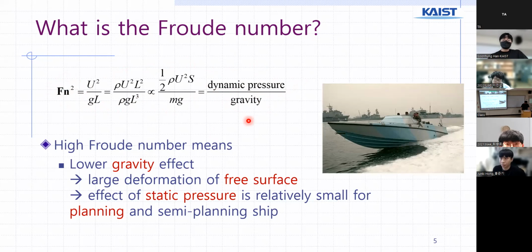So actually the Froude number relates to how much thrust power the ship needs to make headway against the resistance, such as friction or wave flow. High Froude number means lower gravity effect, as you can see from the denominator. And lower gravity means large deformation of the free surface, and the effect of static pressure is relatively small for planing and semi-planing ships.